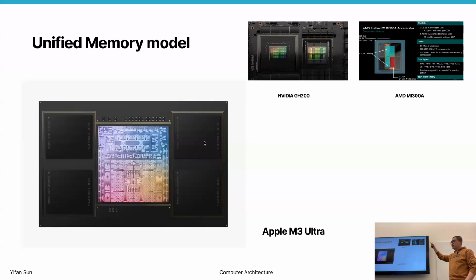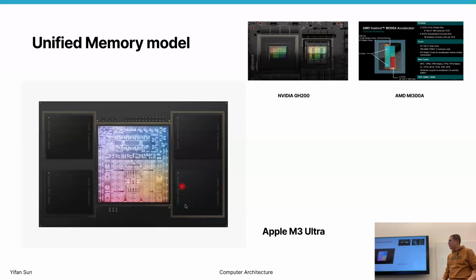Still, today, if you have a device with two high-end CPUs and 8 high-end GPUs, 8 H100, for example, you probably never want to use unified memory because the performance is still terrible. For Apple M3 Ultra, you probably should use unified memory because there's no performance difference. And if you do memory copy, there's duplicated data, a waste of memory.